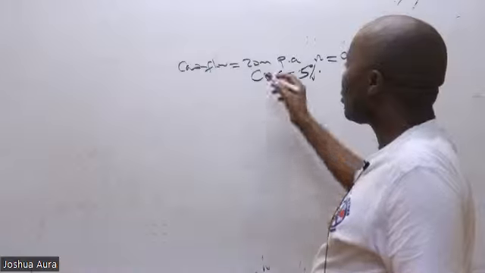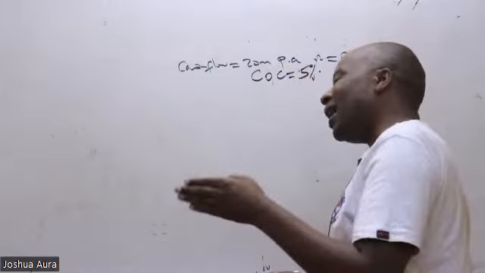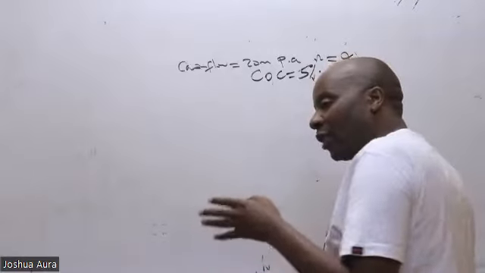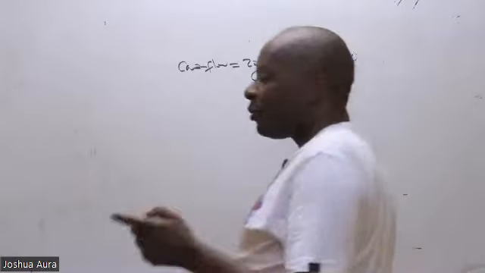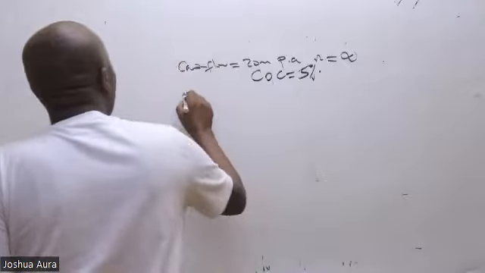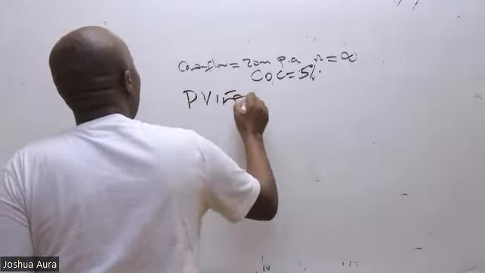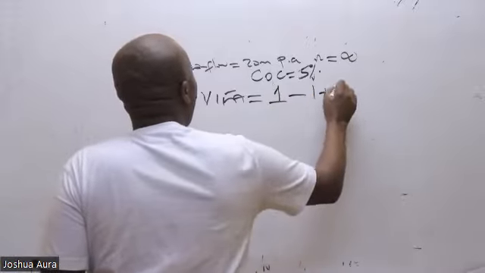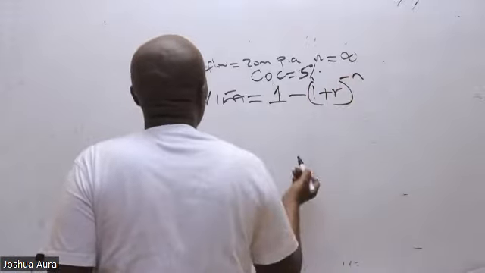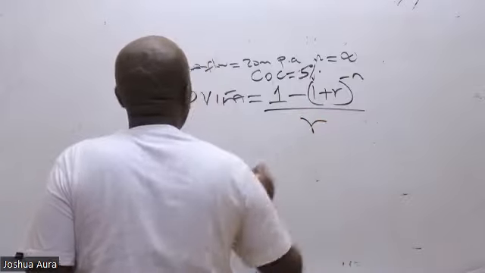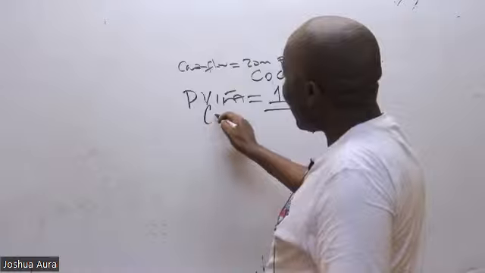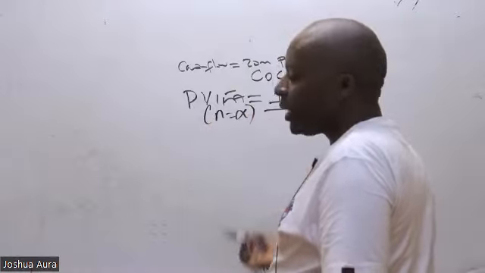Listen, this 20 million per annum is a regular cash flow. It's a uniform cash flow. So the formula that I'll apply here is the PV, and we've just said it's 1 minus (1 plus R) raised to negative n, divided by R. But you realize that our n here is infinity.